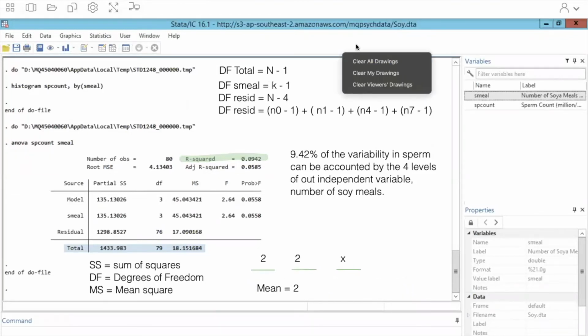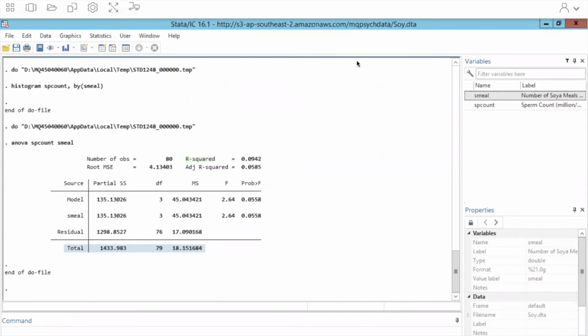So I'm going to go ahead and clear out this screen so that we can talk about our F statistic and the p-value. Just like with the t-test, we have an F statistic. That's our test statistic. And what Stata gives us is what's called the obtained F. So this is the F statistic based on our data.